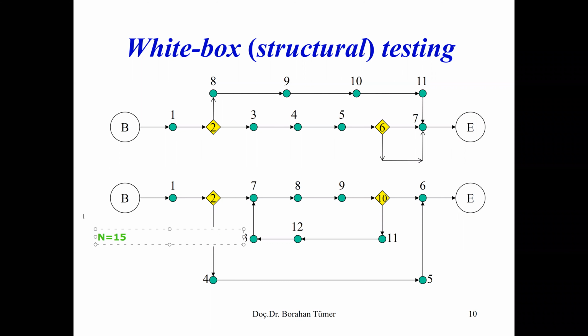How many edges? 1, 2, 3, 4, 5, 6, 7, 8, 9, 10, 11, 12, 13, 14, 15, 16. Okay. So we have 16 edges.